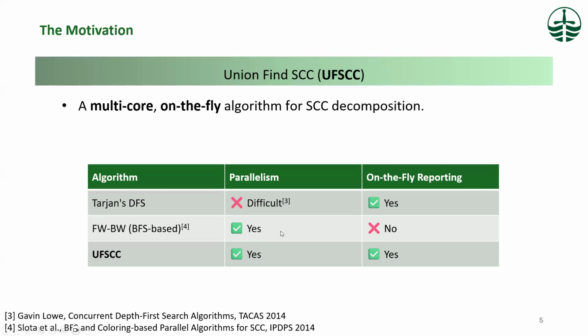So we cannot use the on-the-fly reporting feature with BFS-based algorithms. Why can't they do it on the fly? Because when we are exploring the nodes, we need to store the data in a queue, and we need to know the whole graph in that case.